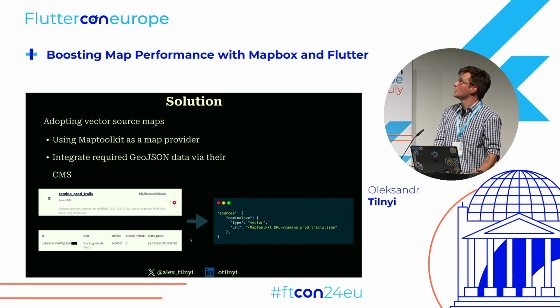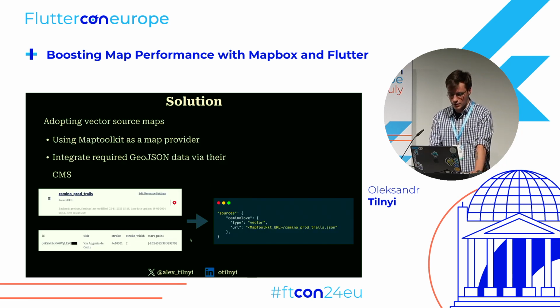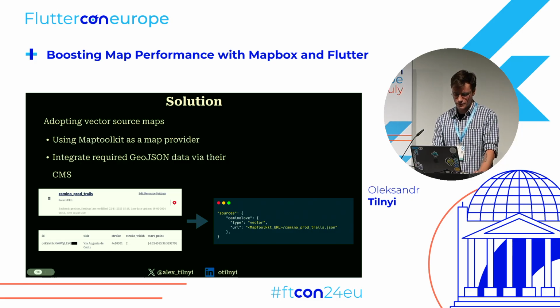For that, we used a map toolkit, and for that we needed a content management system, because we, for now, don't want to rely on Firebase. We don't want to download all the data we required. We needed a solution which allowed us to integrate data in the map, and the map provider will serve us the map with the whole data.